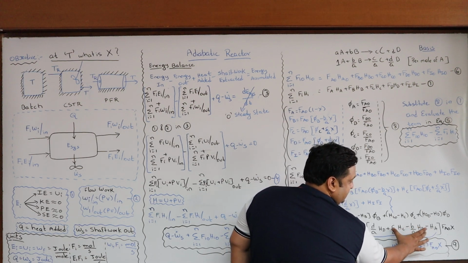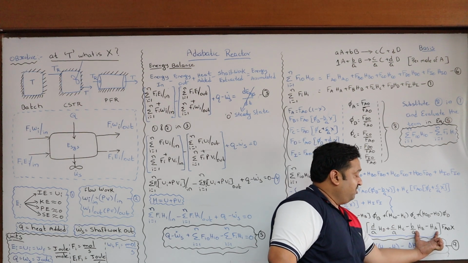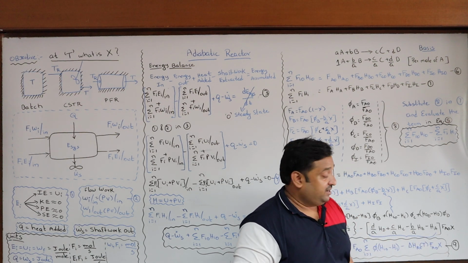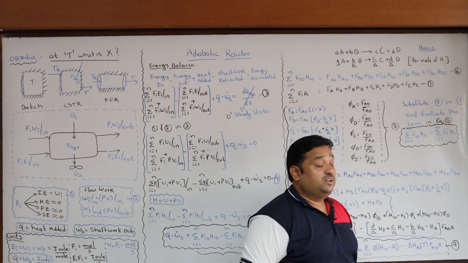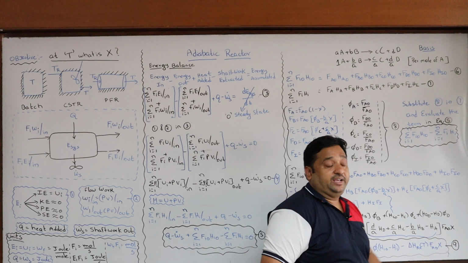If you see, this is enthalpy of the products minus enthalpy of the reactants, nothing but the enthalpy of the reaction. This term is called enthalpy of reaction into Fa0 into x.